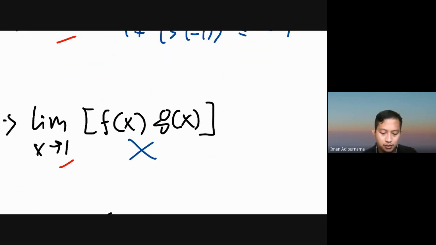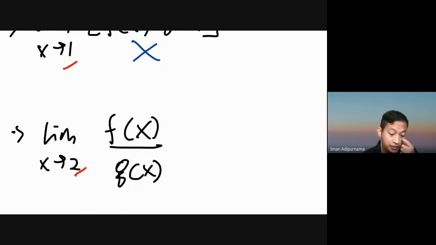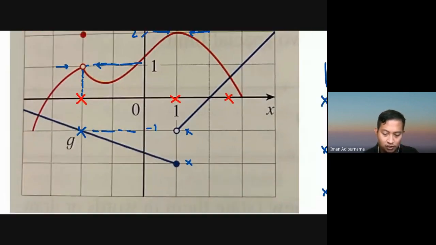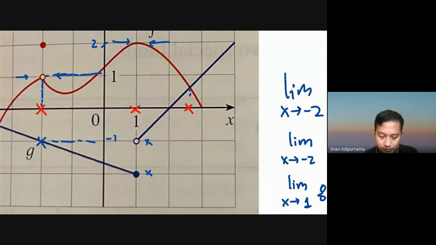Okay, the last one. The limit as x approaches 2 for f of x divided by g of x. Approaching 2 is here. Sorry, it's not 2, why am I looking here? It should be here, right? Okay, so it's this one.